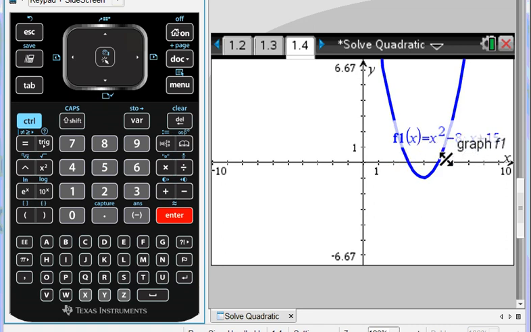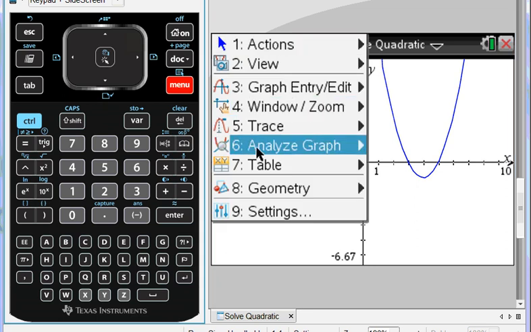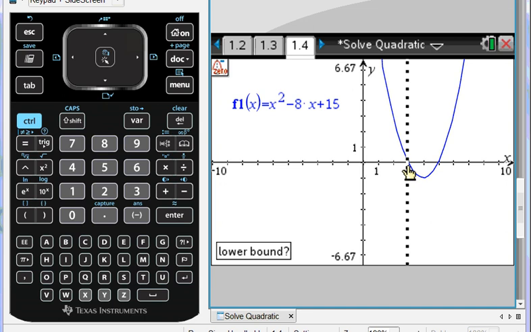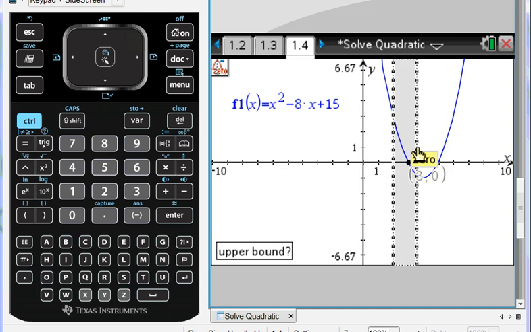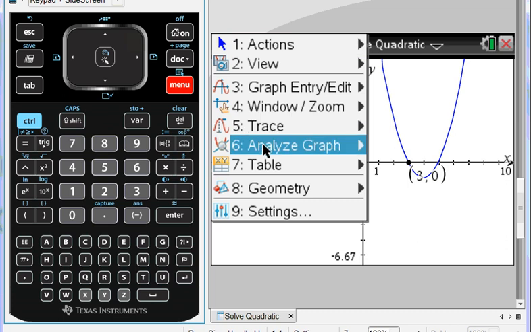And there they are now. Again, because the numbers are nice, they're clearly 3 and 5. But let's say I didn't know what they were, or they were uglier numbers. I would go to Menu, Analyze Graph, and look for these zeros. And since that is the location, I click left of it and right of it, and there's one solution of 3. And do it again.